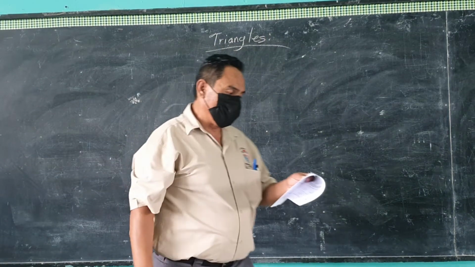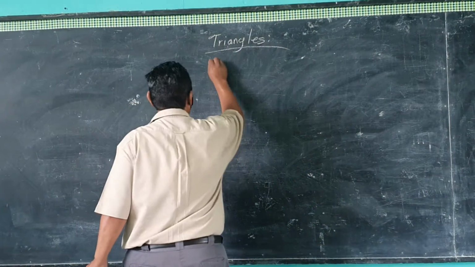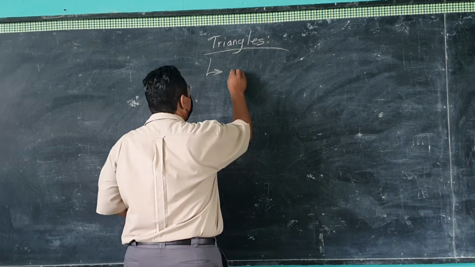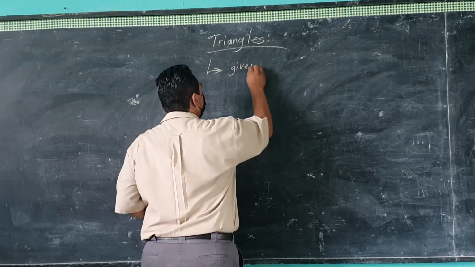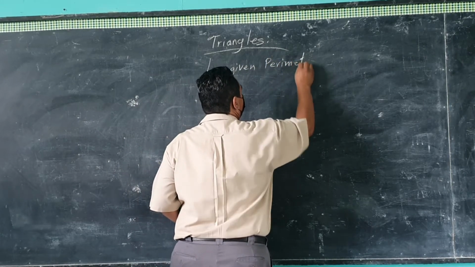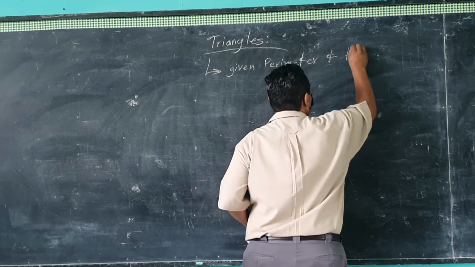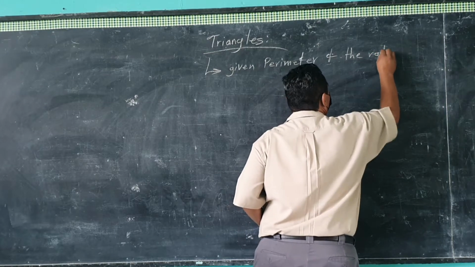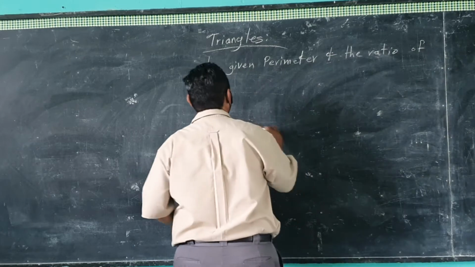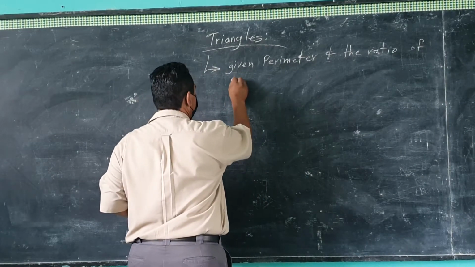Alright, so if you notice this one here, it says that you will be constructing a triangle given perimeter and the ratio of sides.